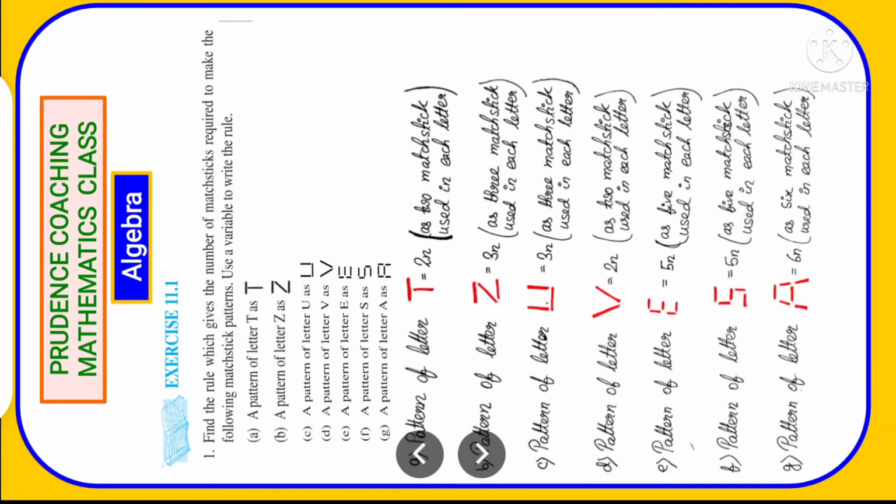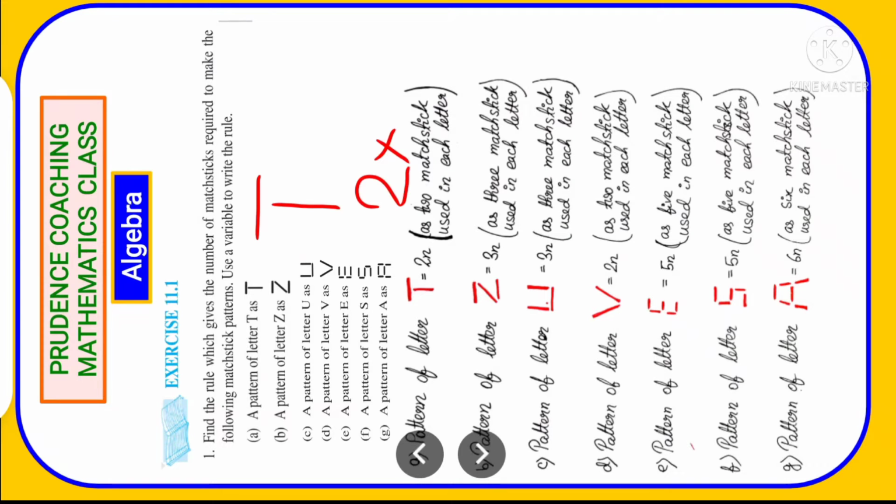So now if I ask you to form a rule for the pattern T, and we need to use a variable because we don't know how many T's we are going to draw, then what will be the formula or the rule for finding the number of matchsticks? We know 2 matchsticks are required, and how many T's are formed, we don't know, it will vary according to the question.